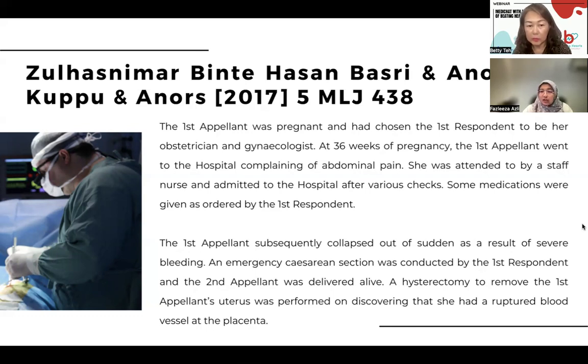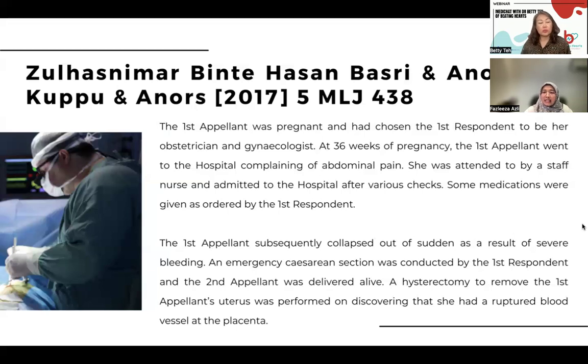to be performed on the mother. That is Dr. Kuppu's expert position. Whereas the plaintiff's expert said that at 36 weeks, since the mother was complaining of abdominal pain, you should just go ahead with the emergency C-section. In the course of the trial, looking at the medical records, the reason the mother suddenly collapsed was a vessel rupture at the placenta.